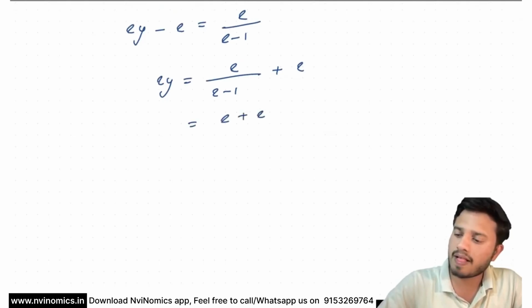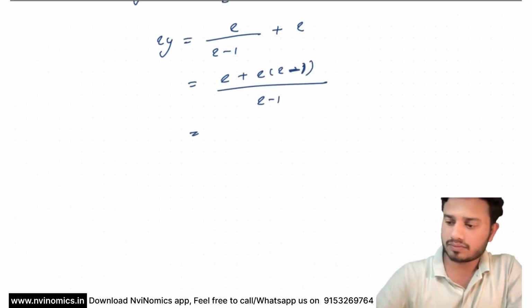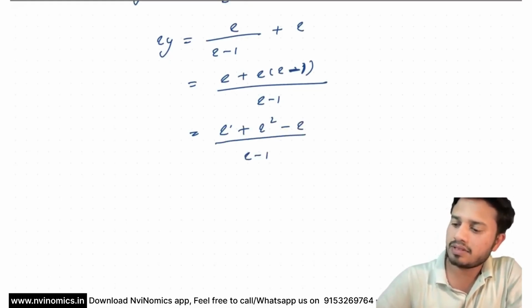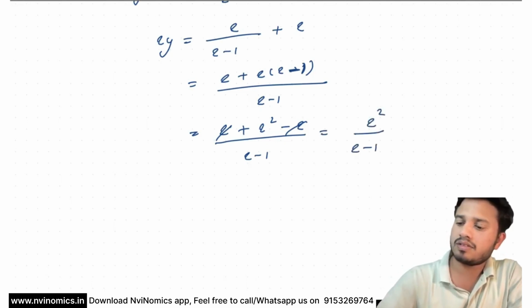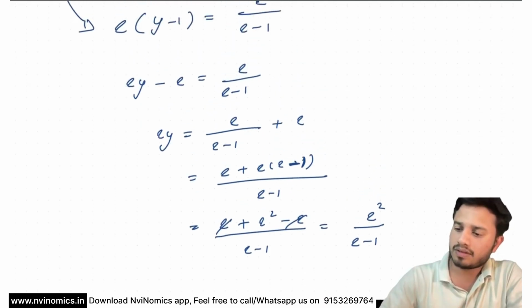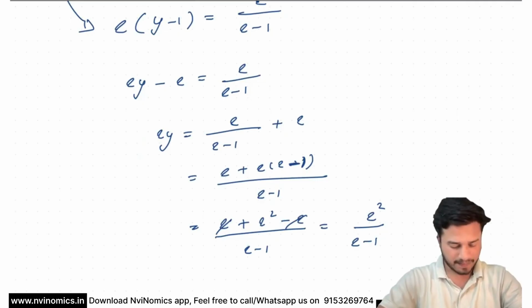Solve it. E minus 1, e plus e square minus e divided by e minus 1. So, ey is this.